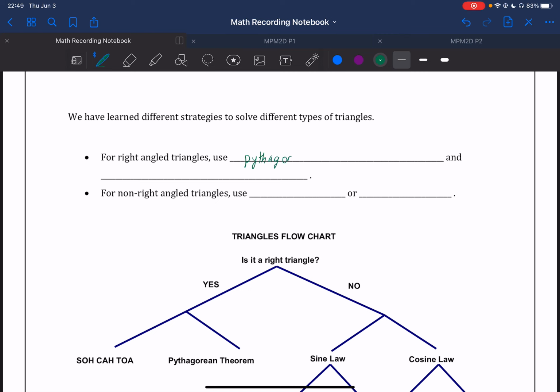So the Pythagorean theorem and primary trig ratios. And by that, those are our SOHCAHTOAs. When we have non-right angle triangles, so acute triangles, we use sine law and cosine law.